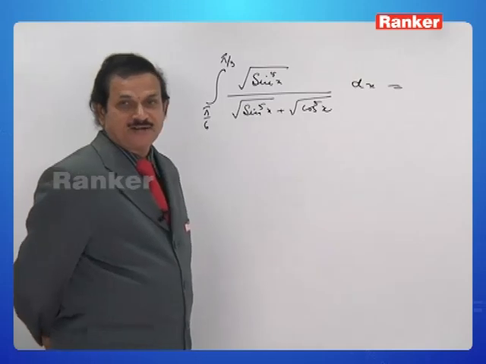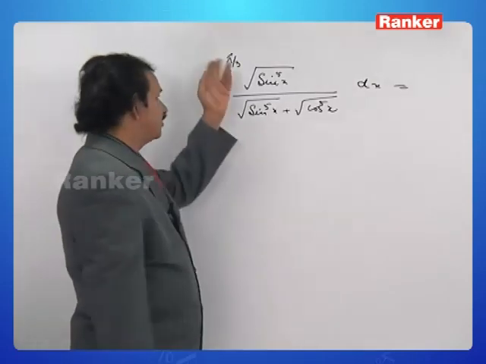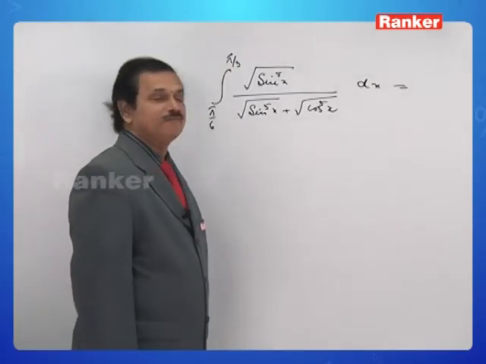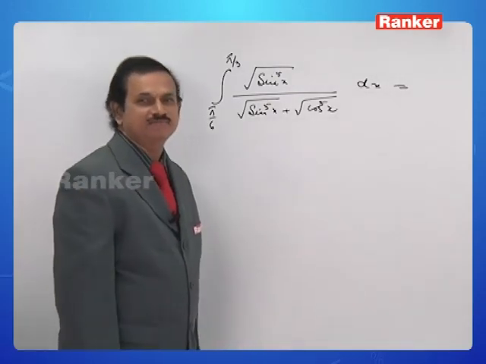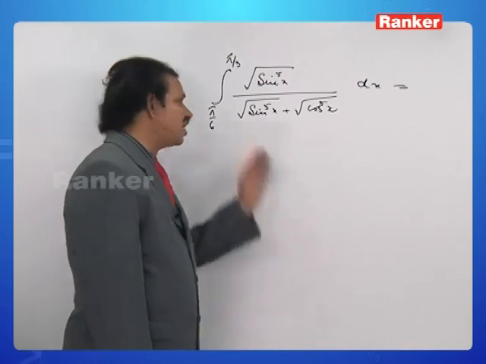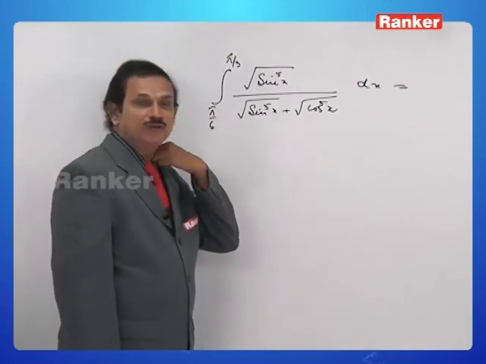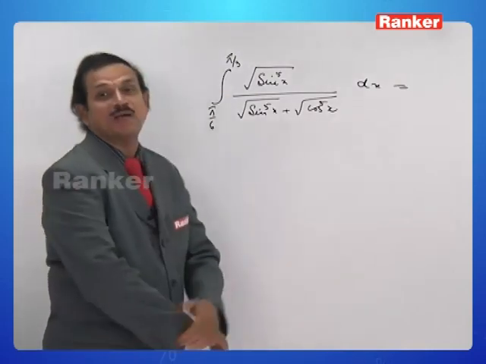My dear friend, if the problem were integral 0 to pi by 2, we might have got the answer directly as pi by 4, isn't it? But the question is not integral 0 to pi by 2. The question is pi by 6 to pi by 3.